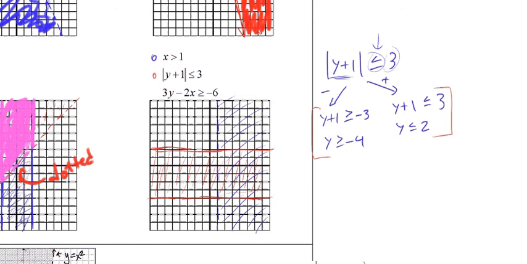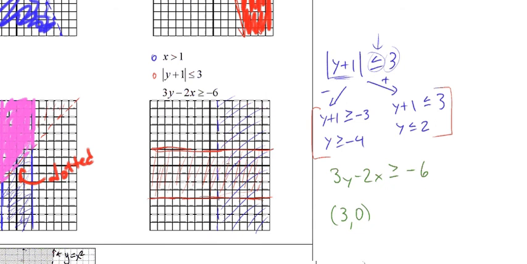So we've got 3y minus 2x is greater than or equal to negative 6. I was going to set it equal to y in slope-intercept form, but it's set up nicely right now for just graphing its intercepts. And so if y is 0, x would have to be 3.